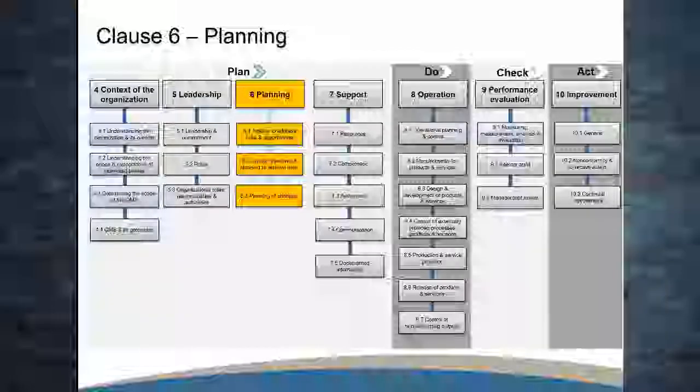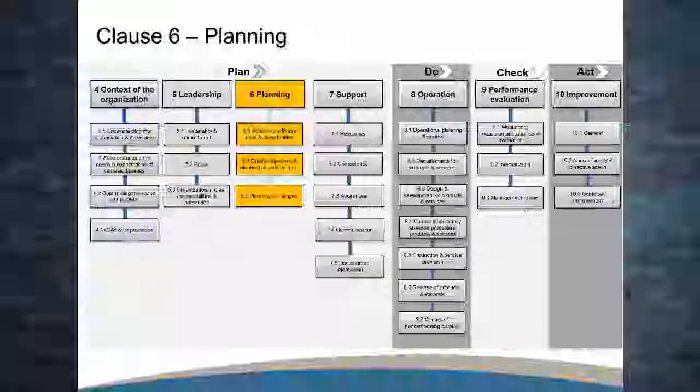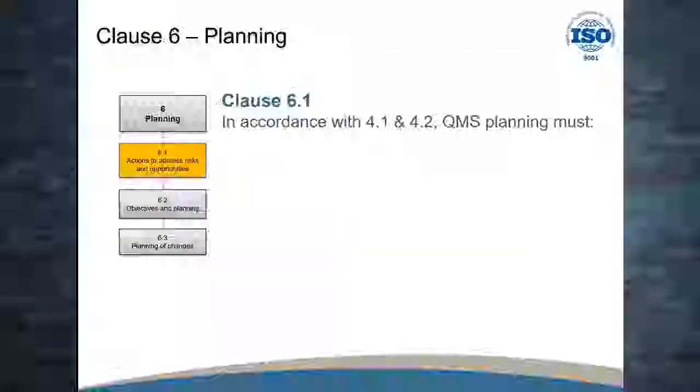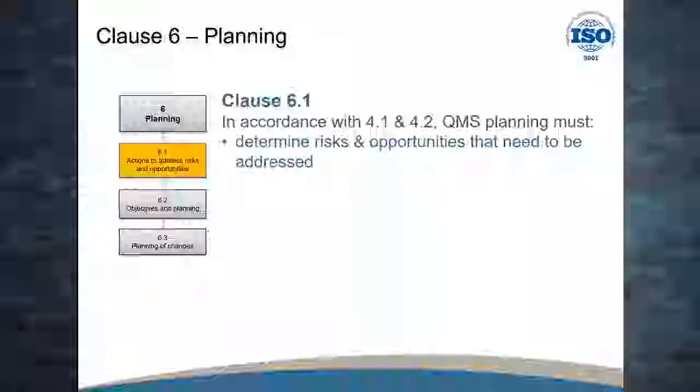Clause 6, planning. 6.1, actions to address risk and opportunities. So in accordance with 4.1 and 4.2, the quality management system planning must determine risks and opportunities that need to be addressed.